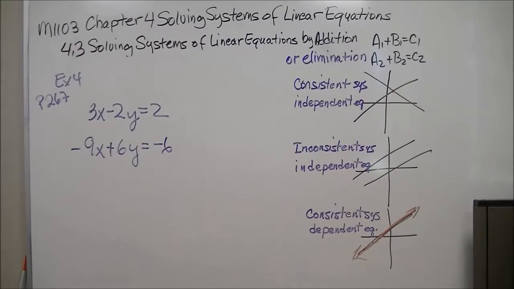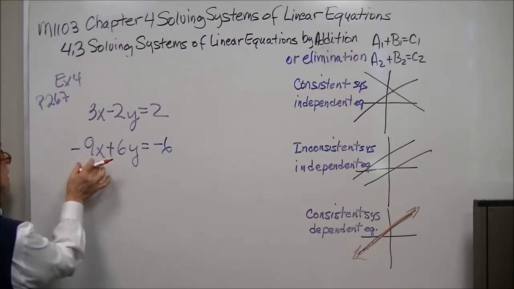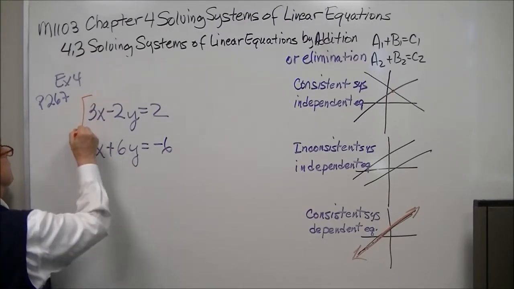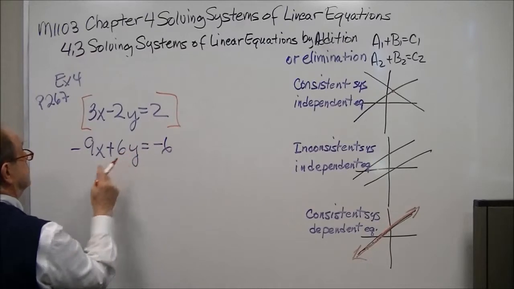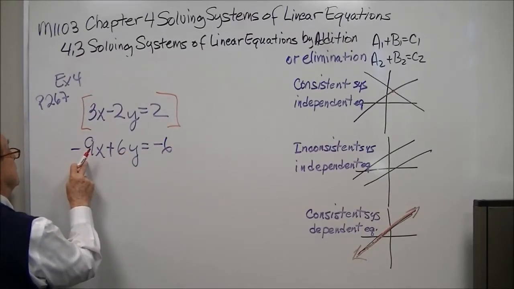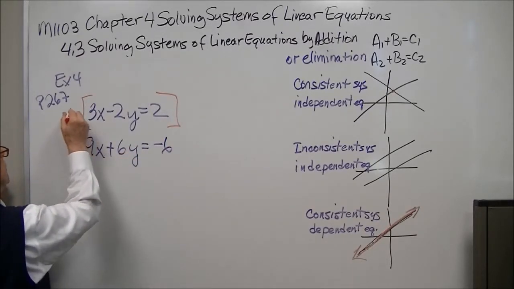As we look at example 4, we're going to see something similar. Again, let's work on getting rid of the x's this time. So we're going to multiply every term of this equation by a 3.